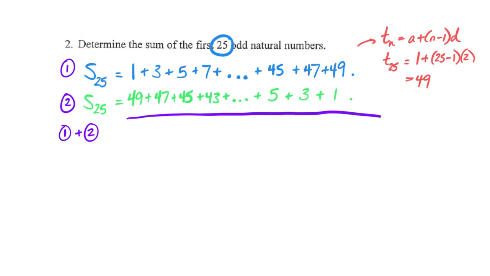Feel free to put that on if you like. Okay, what does that get me? Well, let's take a look at the left side. My left side now is going to be the sum of 25 terms plus the sum of 25 terms. That is 2 times the sum of 25 terms.